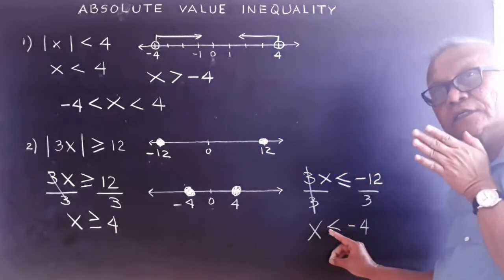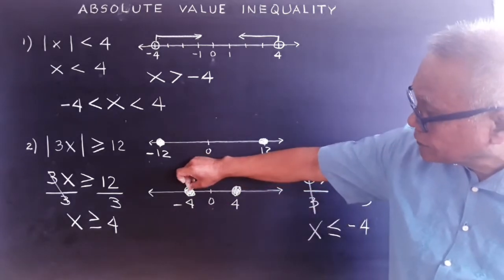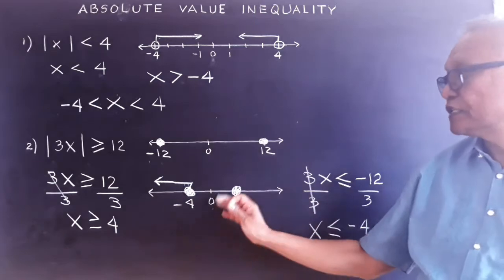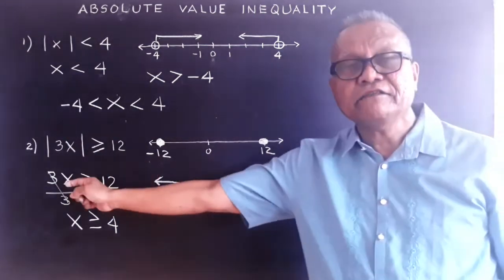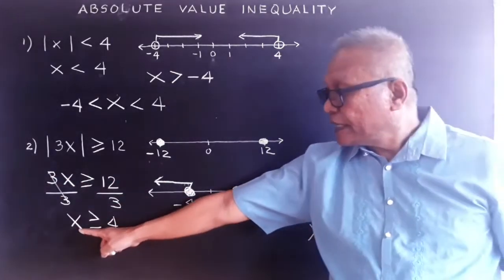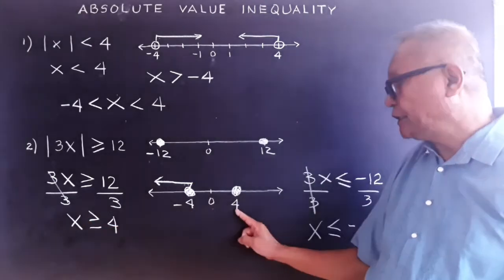Less means going to the left. So the value of this one is going to the left because it is going lesser and lesser until negative infinity there. What about this one? X is greater than, we have x is equal to 4 already here.